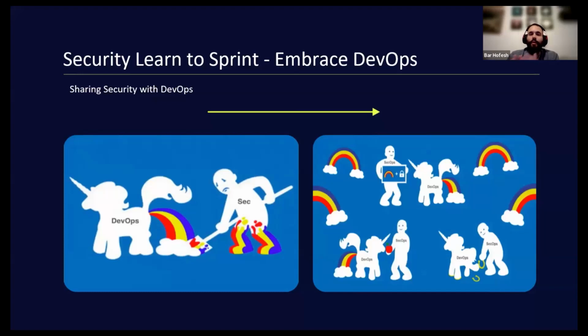Basically, going from shoveling everything that DevOps does and running after them, we're moving into sharing the concept of security and security processes with the DevOps cycle. Now, this might seem a bit weird. Aren't we just throwing the responsibility on someone else? Not exactly.